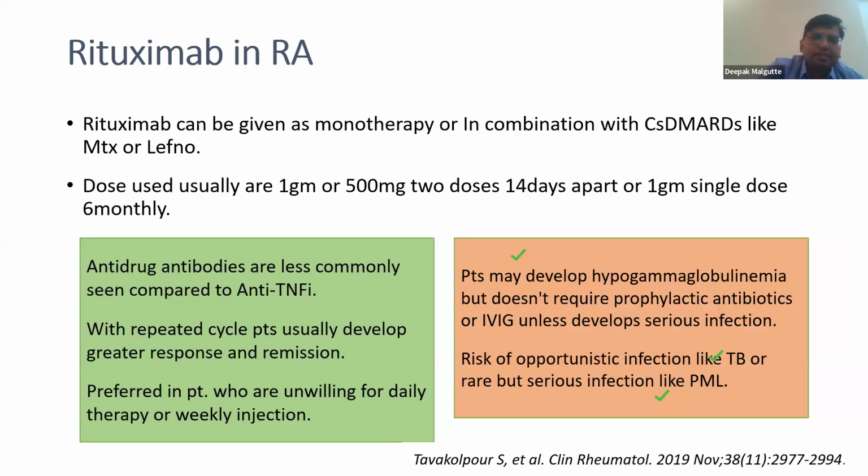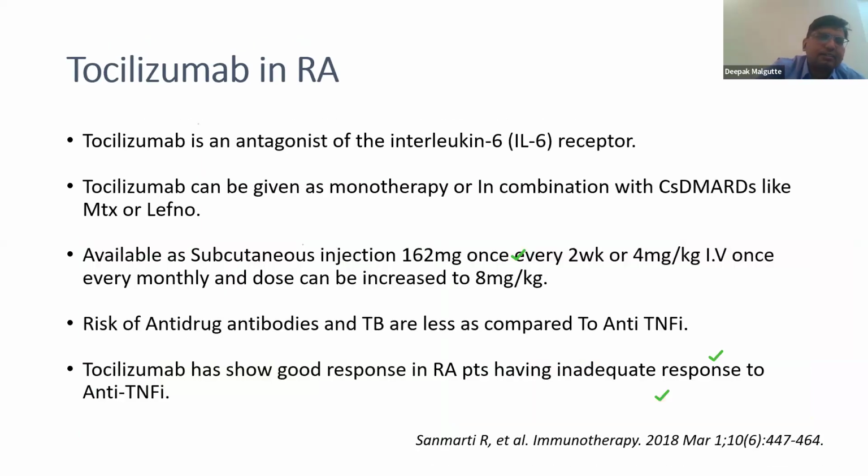Another is rituximab, which can be given as a monotherapy or in combination with conventional DMARDs, and it is the first choice in patients who have lymphoproliferative disease along with rheumatoid arthritis. It can be given as 1 gram every 15 days apart for 2 cycles, or even as a low dose. There are certain trials where a low dose of 200 milligram has also been used for patients with rheumatoid arthritis.